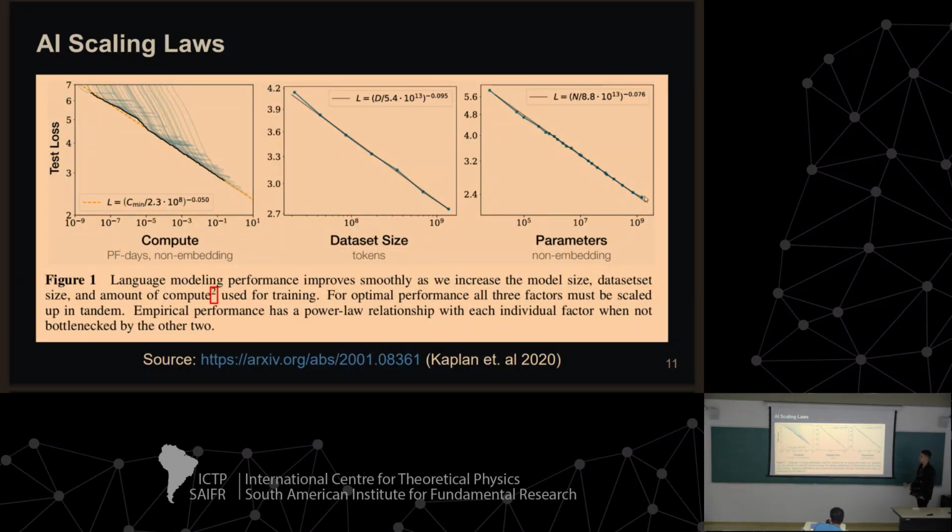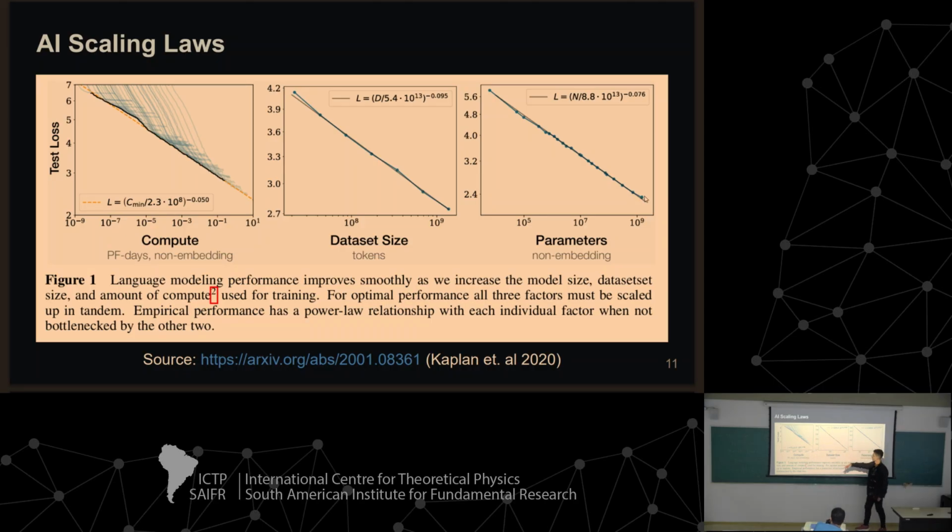And one of the problems we are very interested in is called AI scaling laws. So we take various networks and compare how well they behave. If we take, for example, the test loss and compare it with the time taken to train the network, it behaves like a power law.